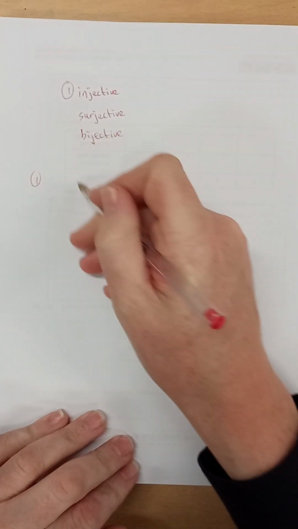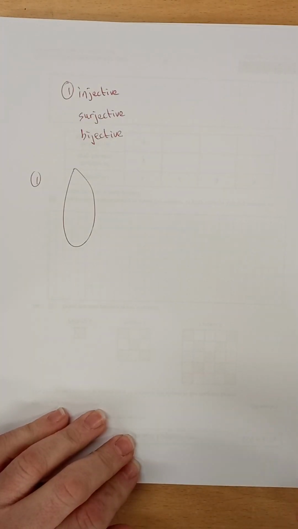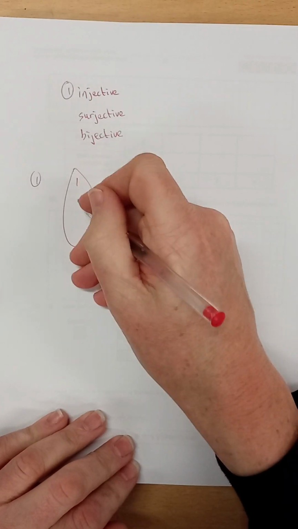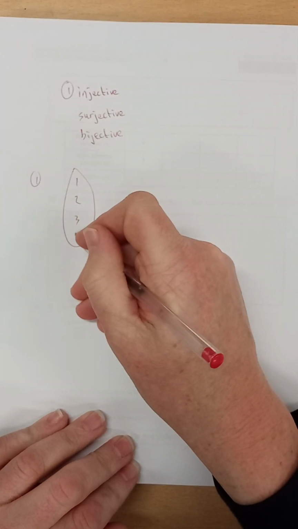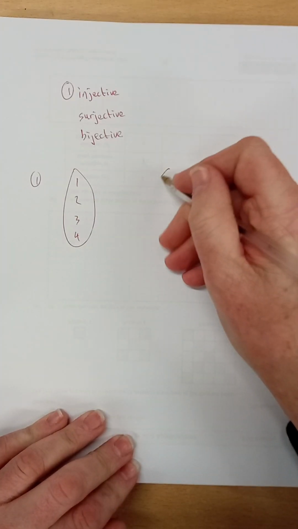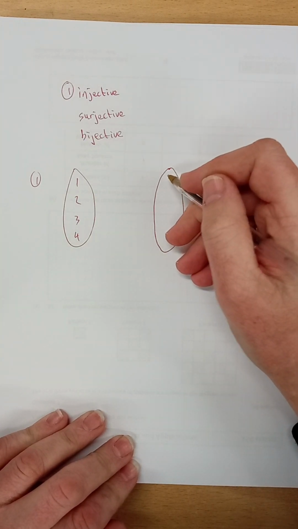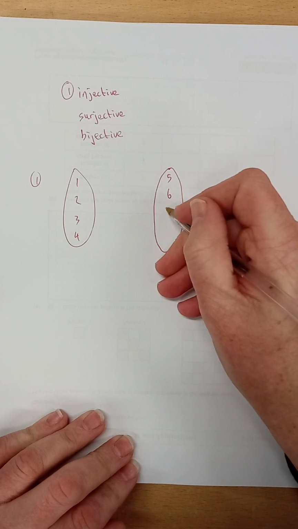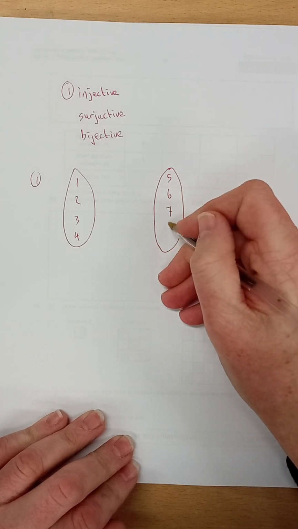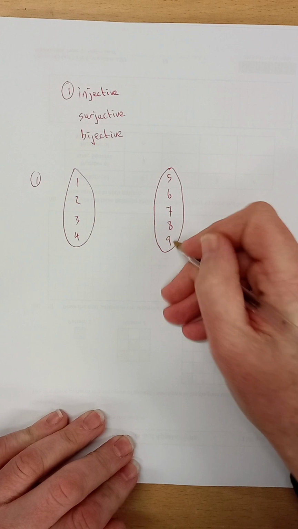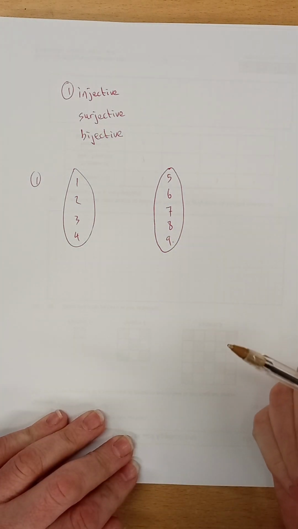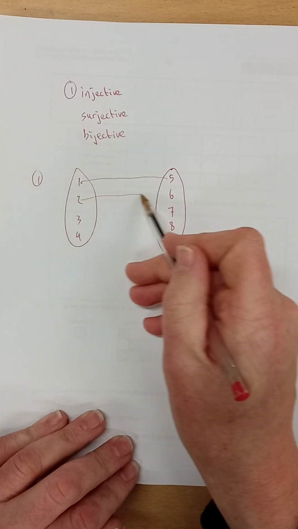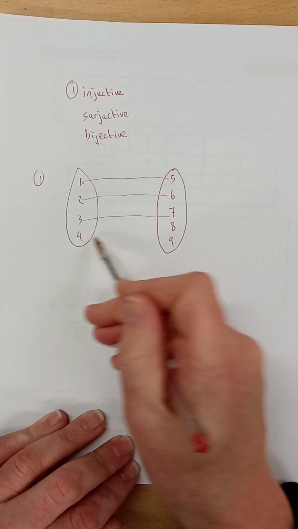Okay? So, in the injective function, you've got your domain, so let's say 1, 2, 3, 4, and then you've got your codomain. Okay? Let's say 5, 6, 7, 8, and 9. Now, in an injective function, everything from the domain is used.